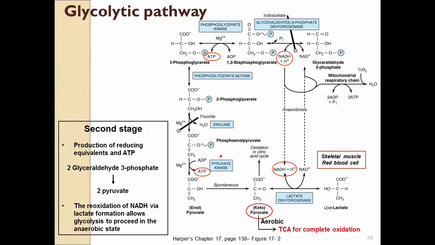Okay. And what about ATP production? Yes, 4 ATPs are actually produced from the substrate-level phosphorylation, and 2 NADH molecules are produced from this stage.